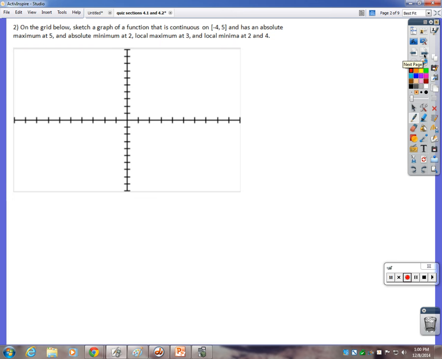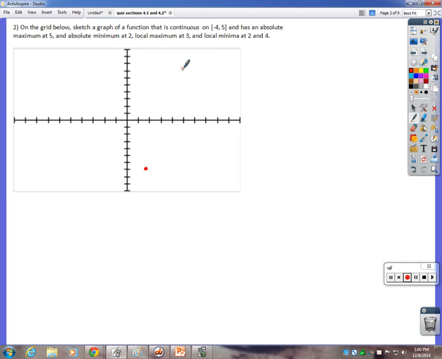All right, then the next one, you sort of had to graph the thing so that it matched certain requirements. So we wanted an absolute minimum at 2. That could be really anywhere you wanted it, but most people put it below the x-axis. Absolute maximum at 5. 1, 2, 3, 4, 5.